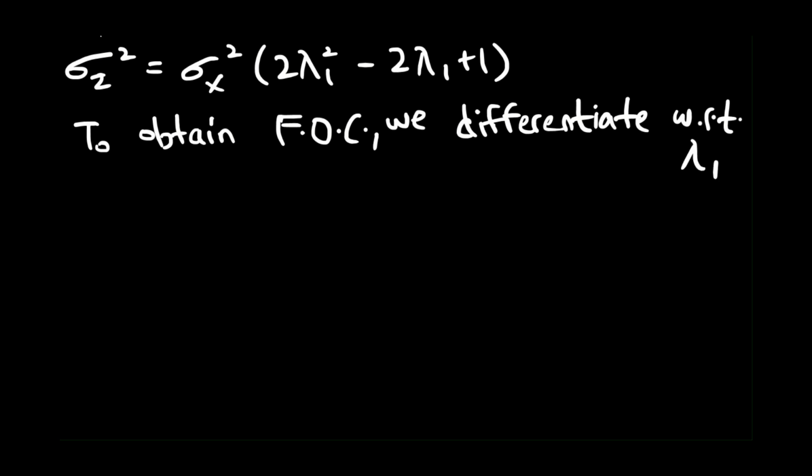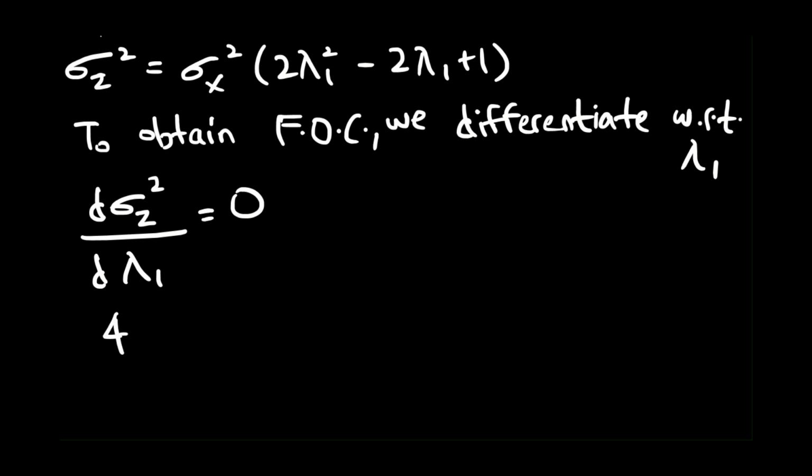So when we do that, this is what we're basically doing. We're differentiating with respect to lambda 1 and we equate to 0. So when we do that, we can see that this simply equals 4 times lambda 1 minus 2.